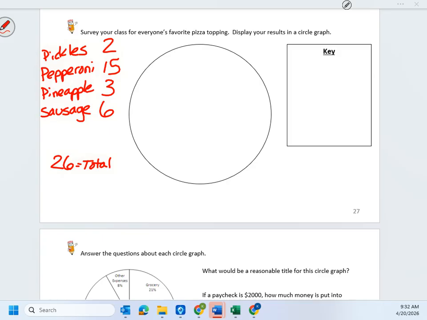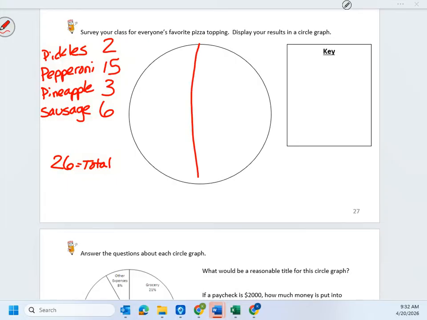26 total people. So now we have to display this in our graph. Think about how we're going to break that circle up. Can we break it into 4 equal parts? No. Why not, Fernanda? Because there's 26 people, so our full circle is 26. Why can't I break it into 4 equal parts when there's 4 toppings?